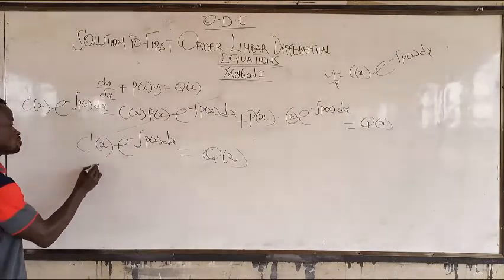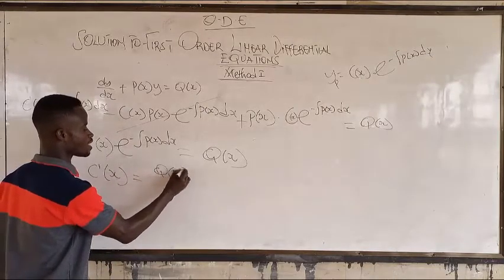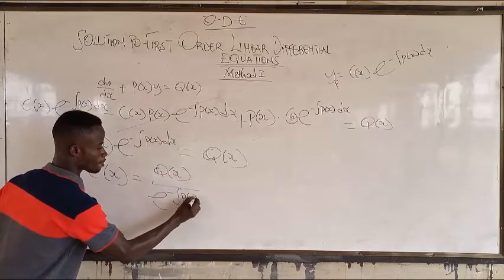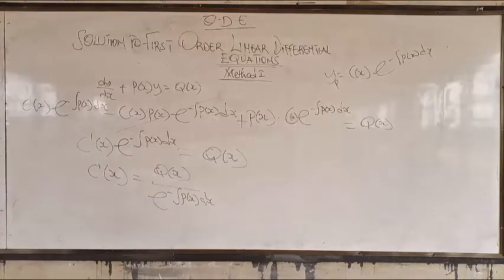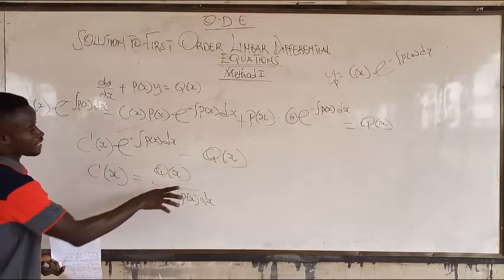So here we make C prime the subject. So we get Q of S over e raised to the power negative P of S dx. And by dividing, we get this.